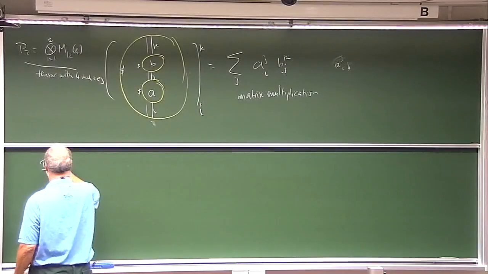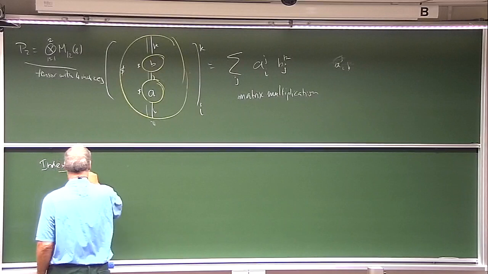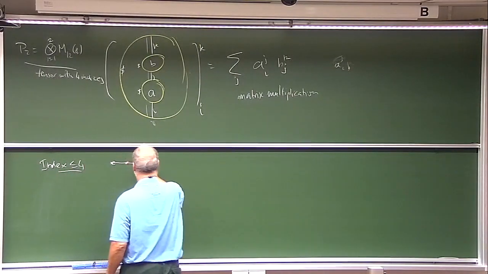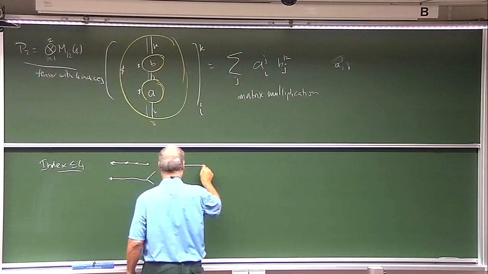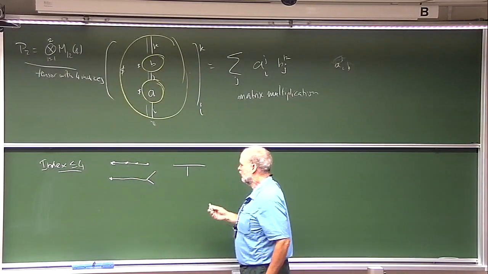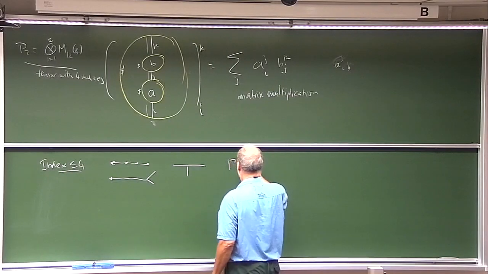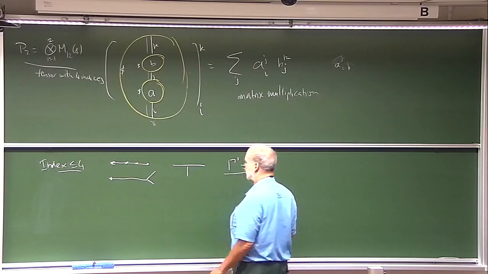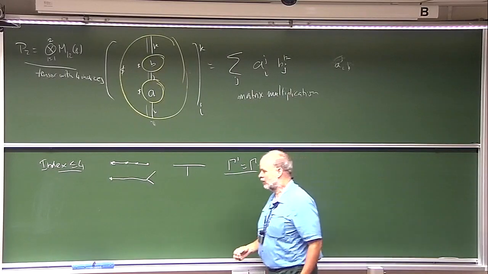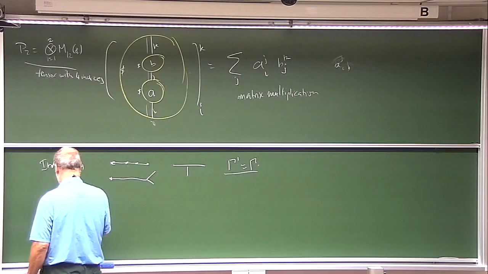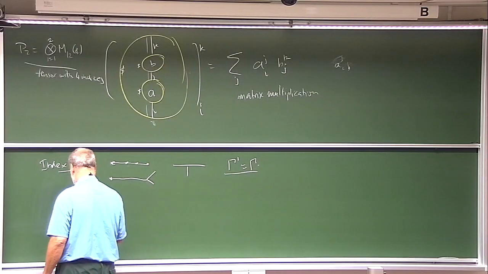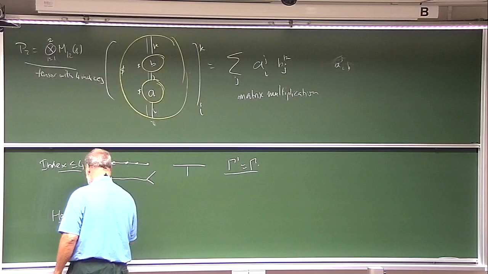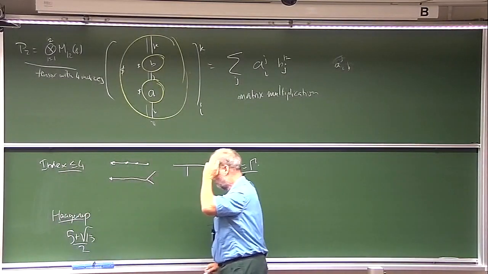In fact, in case the index is less than or equal to 4, remember we ran through all of the possible principal graphs there. They were these Dynkin diagrams, A, D, E, and so on. There, it's always gamma prime equal to gamma. However, the Haagerup subfactor, which I talked about, this great discovery of index 5 plus root 13 over 2, the smallest one bigger than 4.